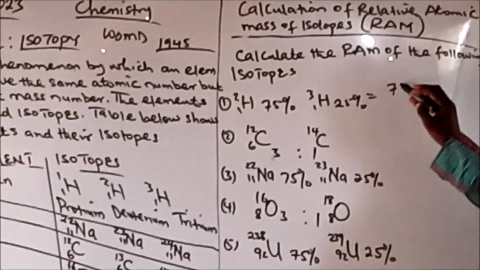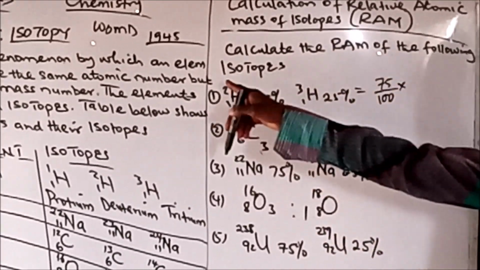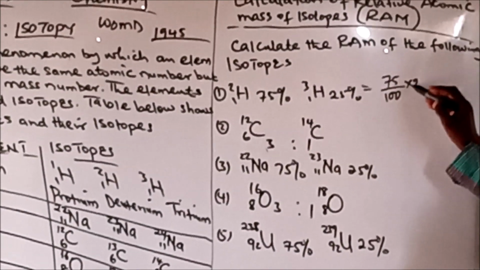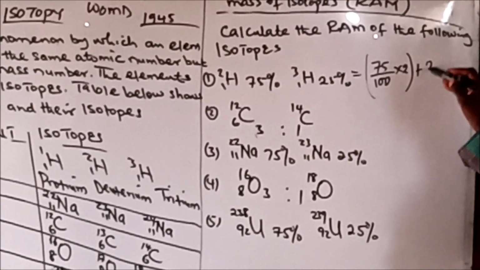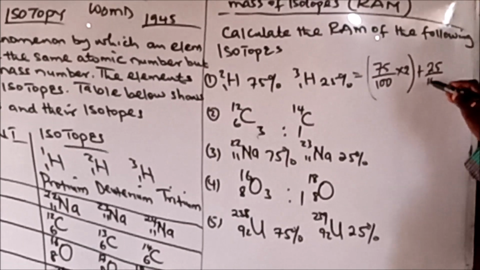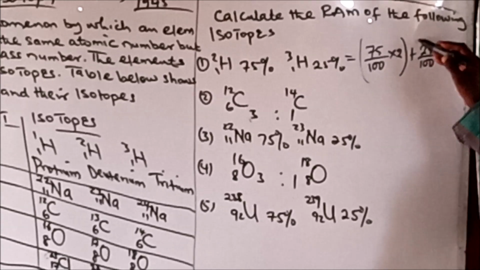So you have 75 over 100 times the mass number plus 25 over 100 times the mass number. Do the working.